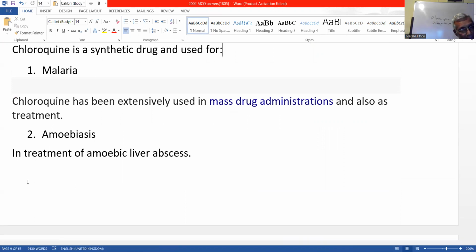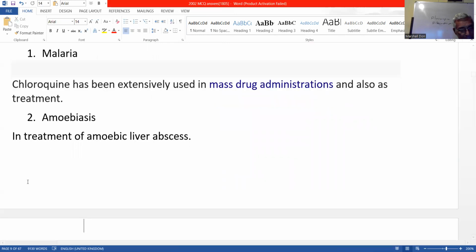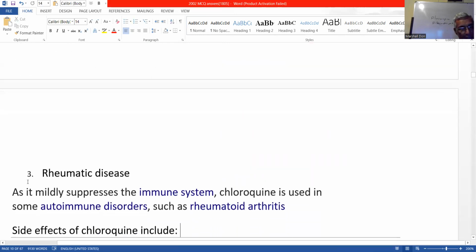It is also a drug used for rheumatic diseases, especially rheumatoid arthritis. They are called autoimmune disorders. Rheumatoid arthritis is an autoimmune disorder. Autoimmune means antibodies are produced in the body against its own body, and they destroy the joint cartilage.